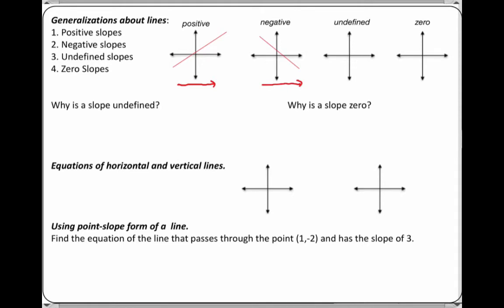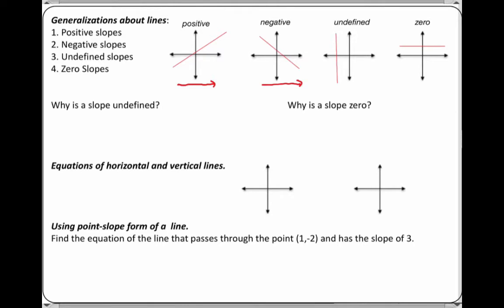Now, an undefined slope is going to be just a vertical line, and a zero slope is going to be just a horizontal line. Now, why is a slope going to be undefined? A vertical line.